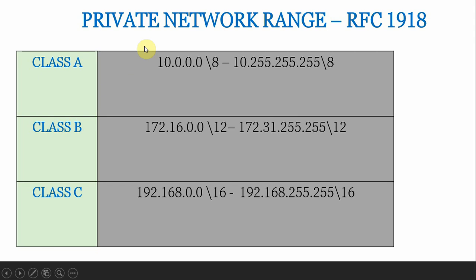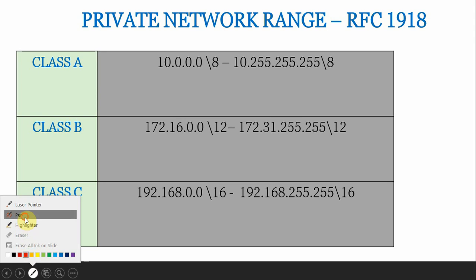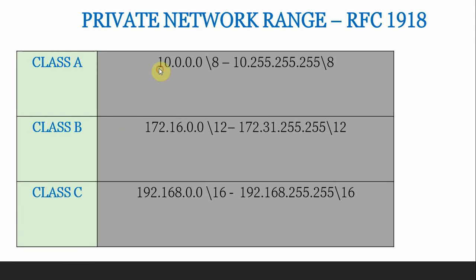Not all reserved addresses are called private, because we have certain reserved addresses that are meant for certain functions. For class A, we pick based on the first octet, which was 10.